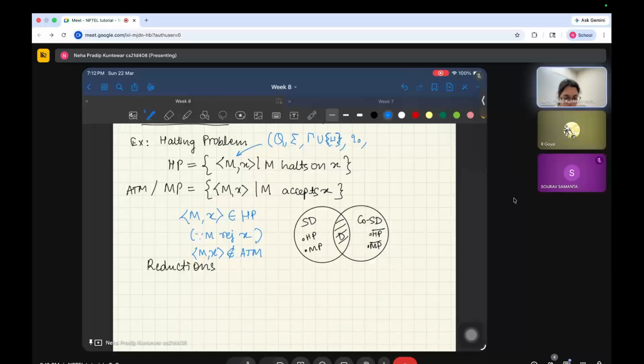QA is your accept state, and QR or QT, let's say T and R. So this is the accept state, which is a special state, and this is the reject state, which is a special state given in the description of the machine.